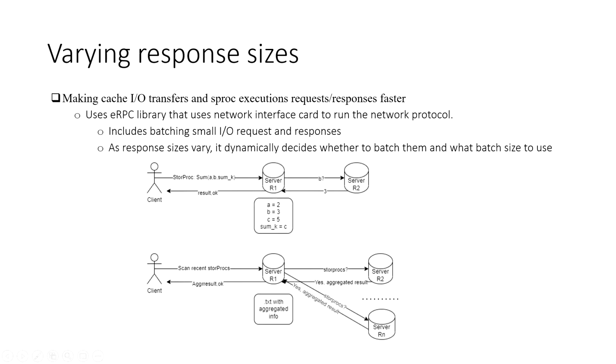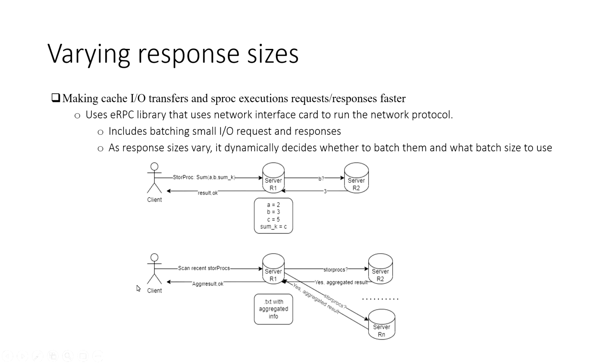So one solution they provide in the paper is using this eRPC library, which uses network interface cards to make the network protocol faster, so that each result is batched into some size, and the size is fixed dynamically depending on that particular aggregated result.